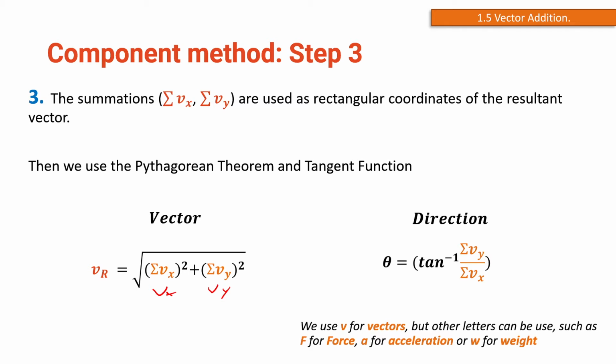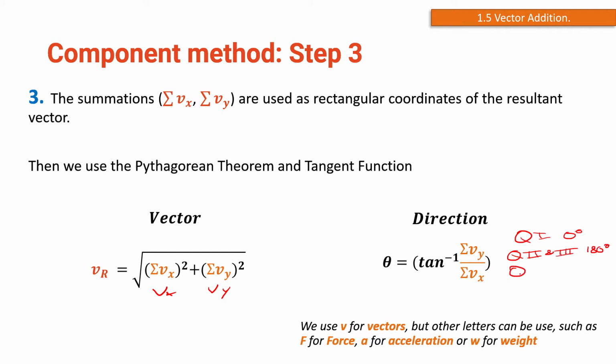And for the direction, once again, we will use this formula, but also using the reference angles. Those are, depending on the quadrant, 1, 2, 3, 4, you need to use different reference angles. For quadrant 1, 0 degrees. For quadrants 2 and 3, 180 degrees.